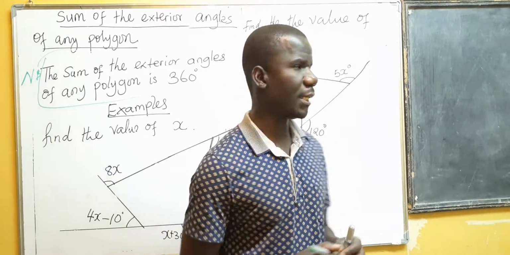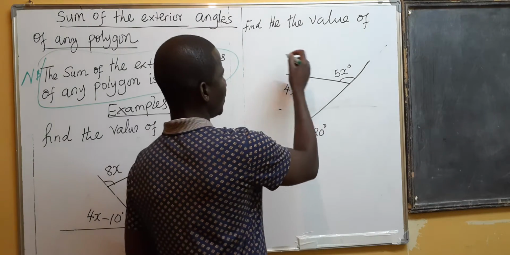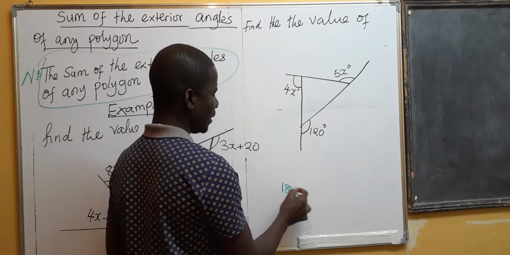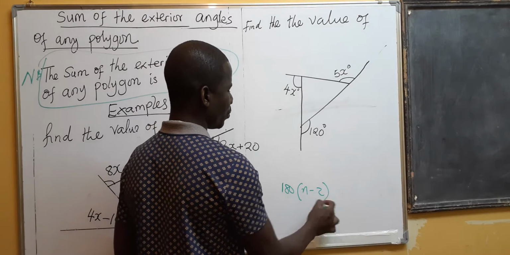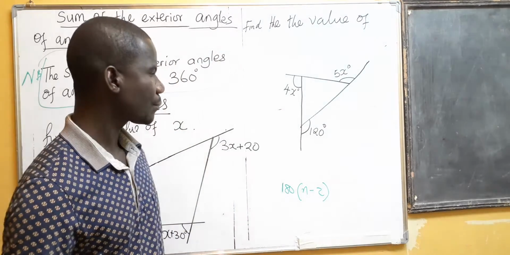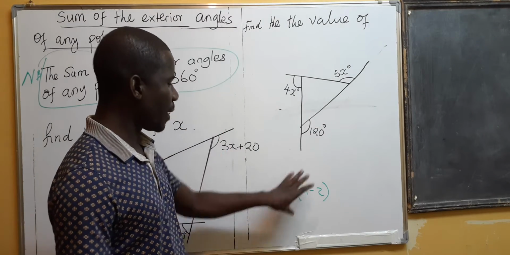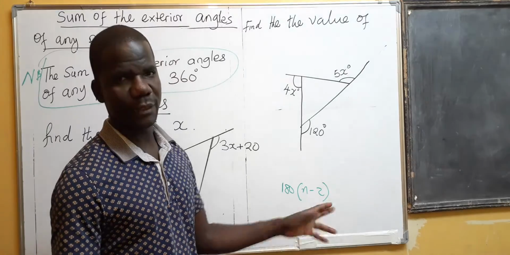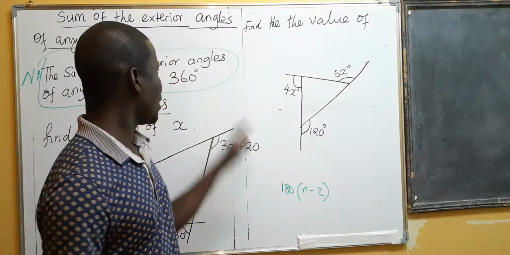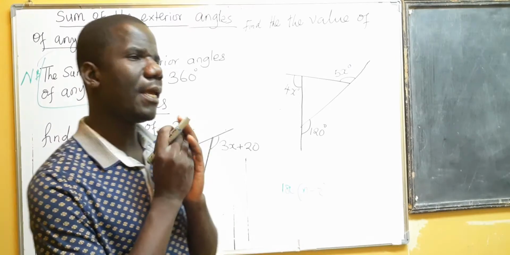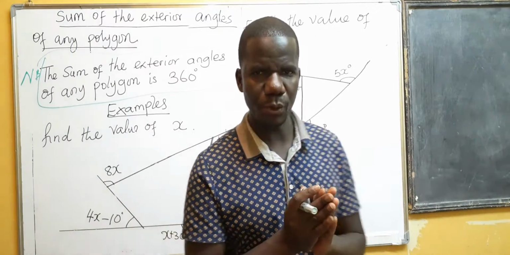We had the formula, 180(n minus 2), where n is the number of sides. Now, in this case, what is the sum of the exterior angles of a polygon?